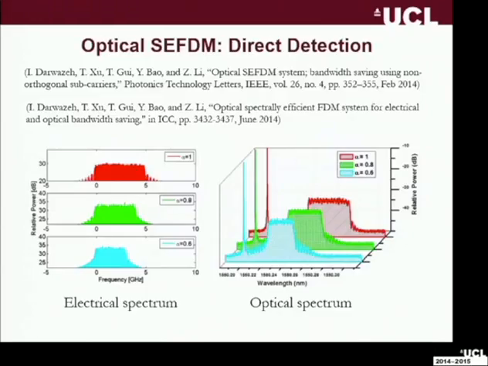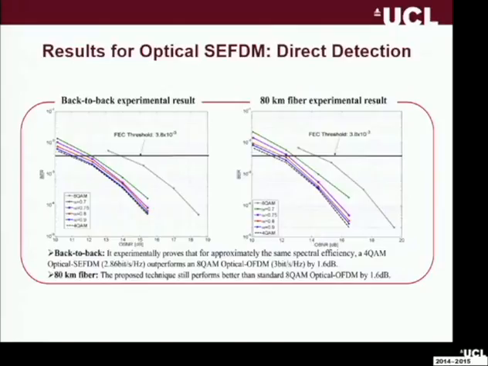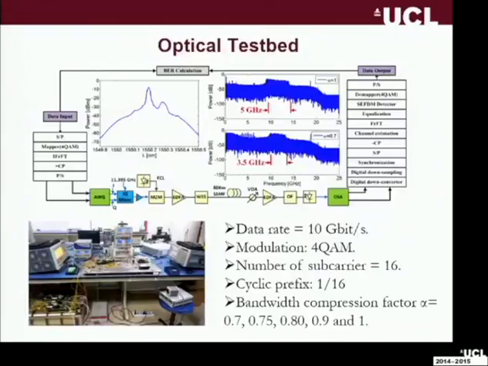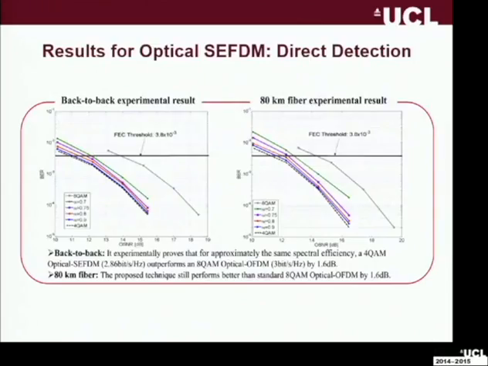And these are the results from the optical experiments we did. Again, it's a twofold advantage. From one perspective, you're reducing the guard band, and then you're reducing the actual bandwidth for the useful data compared to an OFDM system. That's the test beds. These are 2 different scenarios we tested.